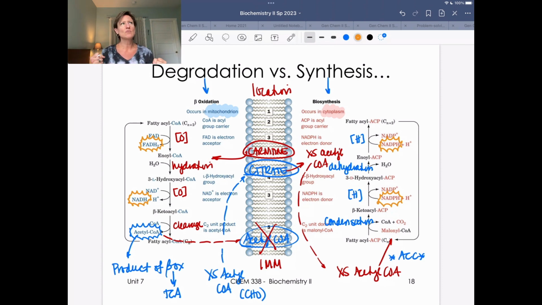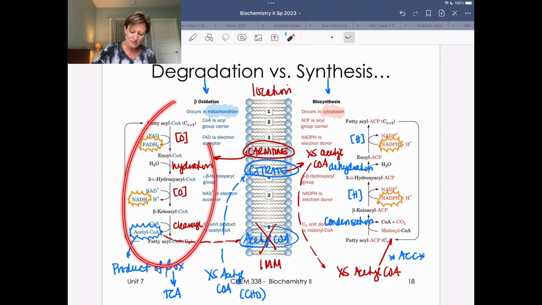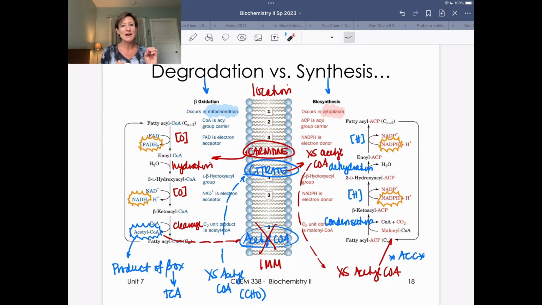Your body really tries to avoid futile cycles, so we certainly do not want catabolically derived acetyl-CoA from beta oxidation of fatty acids, when we are in a need state, to be allowed to go back into the cytosol to participate in fatty acid synthesis. Okay. So we're going to talk about the details of this process, but this was a nice 30,000 foot view talking about the differences between degradation and fatty acid biosynthesis.